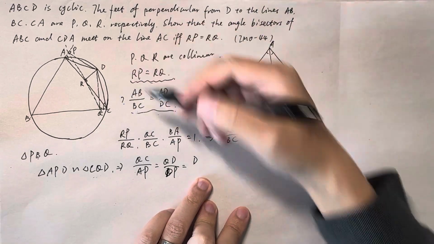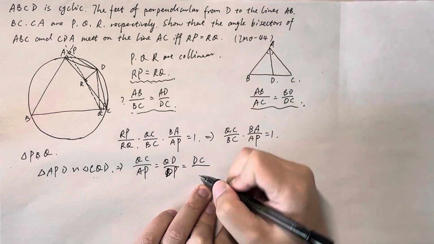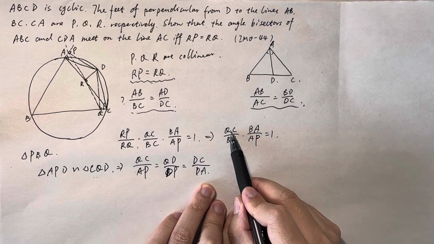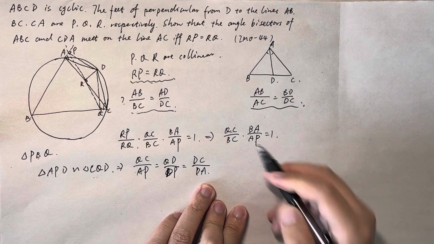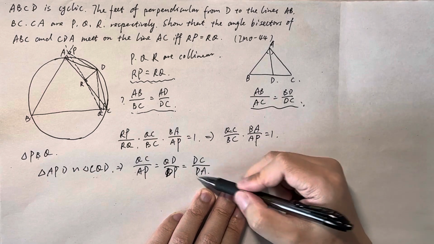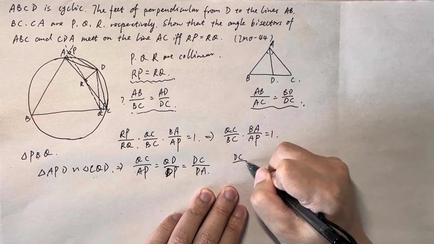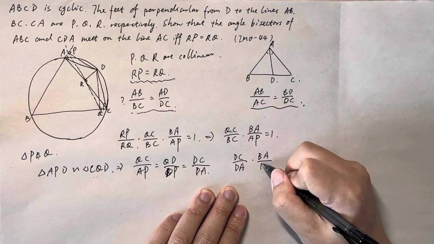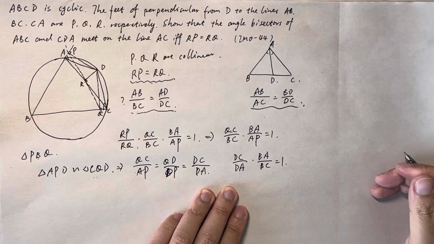Equals DC to DA. So we have QC to AP here, and we can replace it with DC to DA, which means DC to DA times BA divided by BC equals 1.